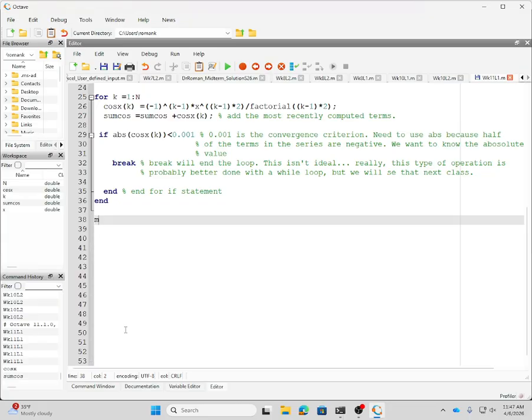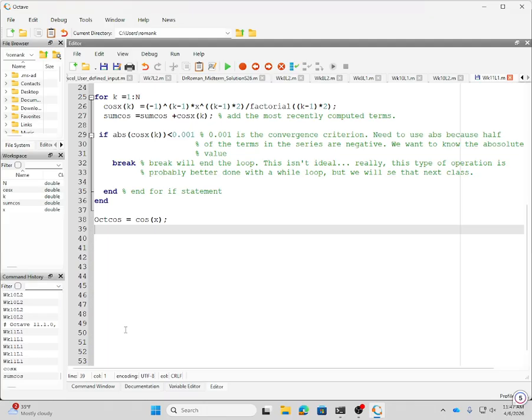All right, so let's define oct cost, right? Octave cost as a variable name, like cos x. And then you'd like to display with printf that you did it correctly.